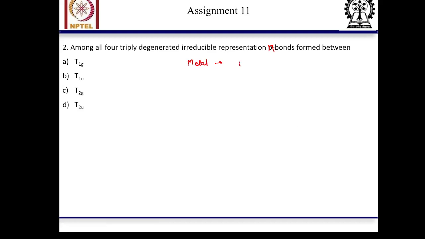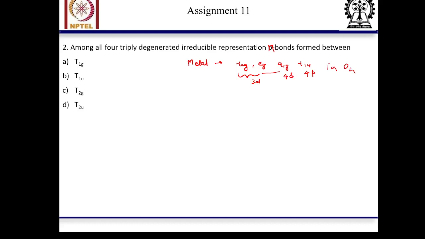On the metal we have T2g, Eg, and then A1g, and then we have T1u. So this is 3d, and suppose this is 4s and this is 4p. This is available on the metal in octahedral geometry.